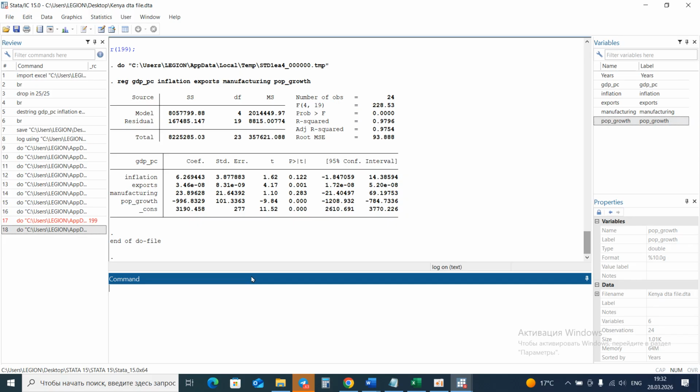Regression estimates the relationship between variables using ordinary least squares, as you can see here. We have coefficients that show how much our dependent variable changes when our independent variable changes.